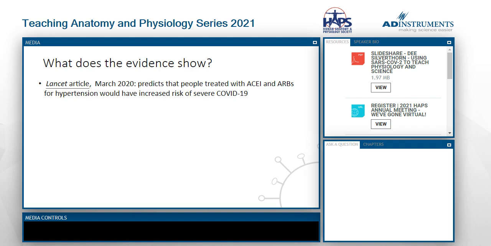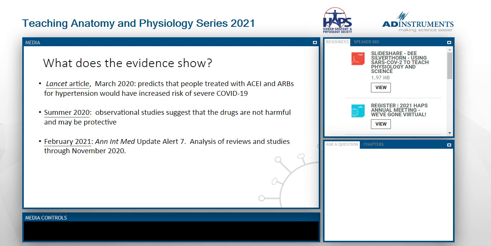So a lot of studies started being done, observational studies looking at the incidence of COVID-19 in people on different drugs and not on different drugs. And by last summer, the studies were suggesting that the drugs were not harmful. And fortunately, there has been a series of articles in a journal called Annals of Internal Medicine.